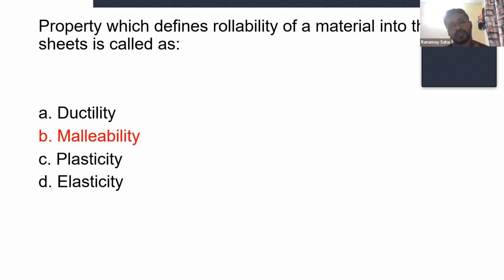Thin sheets are malleable in nature, which can be made of gold, silver, copper, etc. Ductility, on the other hand, is the property by which a material can be drawn. That relates to tensile strength, and malleability leads to compressive strength of a particular material.